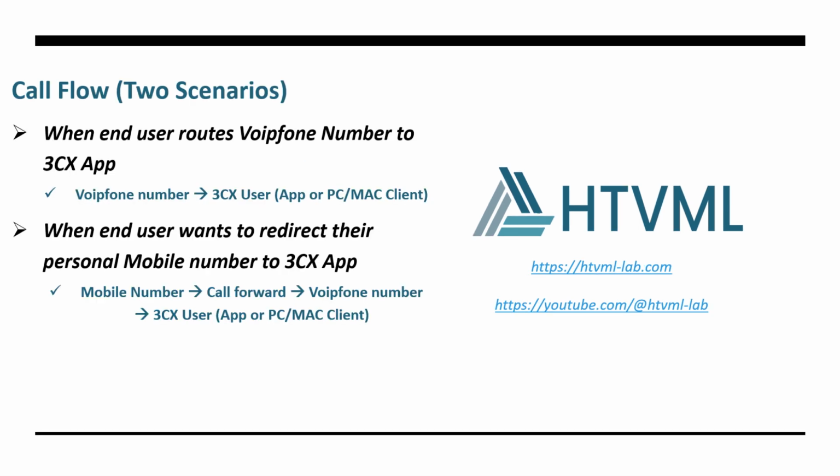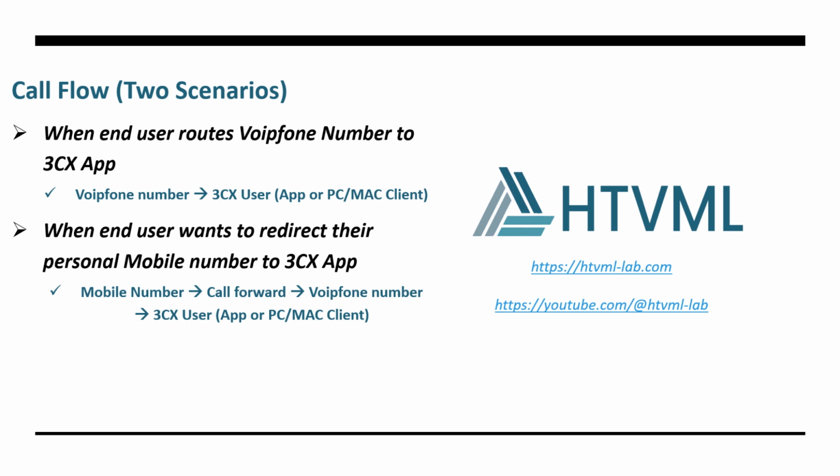Just before we get started with the setup and configuration of 3CX and Voipfone, I would like to show you that this video would cover two call flow scenarios. The initial one being when the end user wants to route their Voipfone number through to the 3CX app or the PC or Mac client. That would be one scenario.